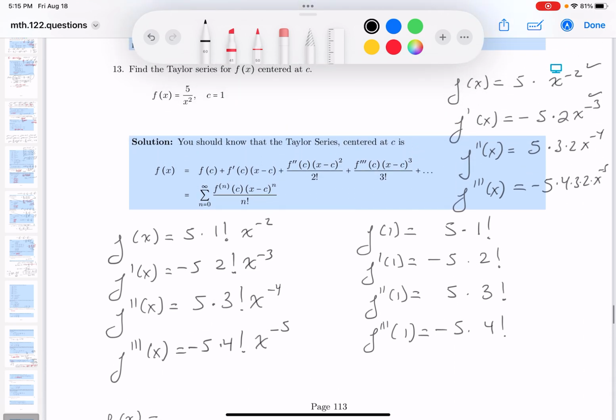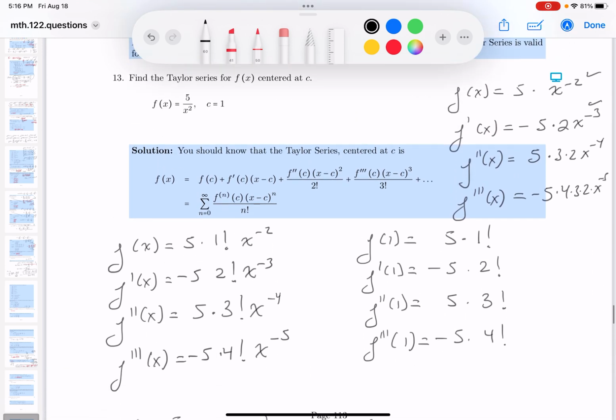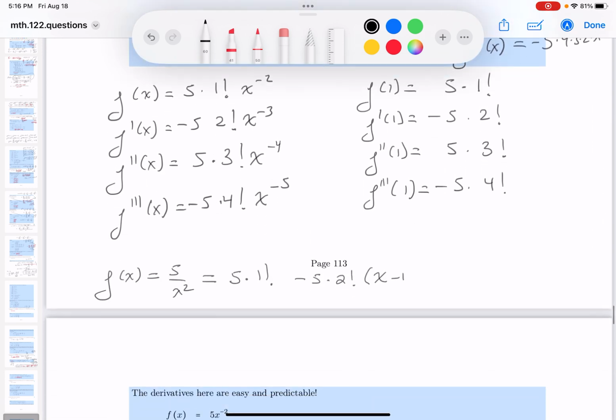What's f of x? It's 5 over x squared. Let's write it down. What do you get? First term, 5 times 1 factorial. What's the next term? Minus 5 times 2 factorial times x minus 1, let's remind ourselves, it's centered at 1, x minus 1 to the first power over 1 factorial.